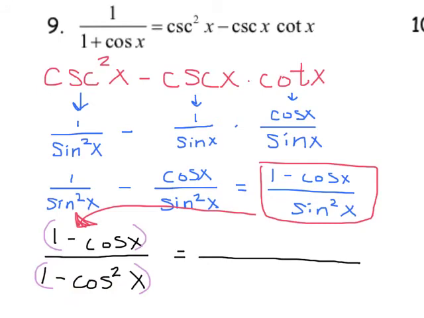So I can use difference of squares to pull this guy apart into the group 1 minus cosine x and 1 plus cosine x. So it's kind of like I've used the factored version for that. And on top I still have 1 minus cosine x. And so now I can officially, legitimately cross off this for this, leaving 1 over 1 plus cosine x.